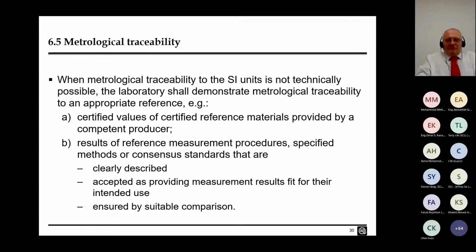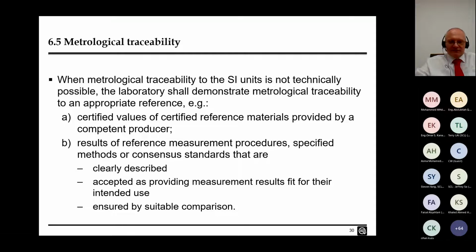There are some units that we calibrate to that are not technically traceable to the SI. So not just because you don't want to, but because they're not SI traceable units. There are quite a few examples in chemistry, none of which spring to mind for me. But the one I always remember is hardness.